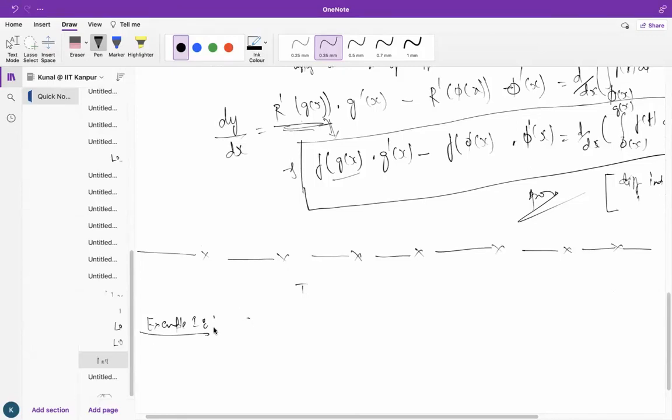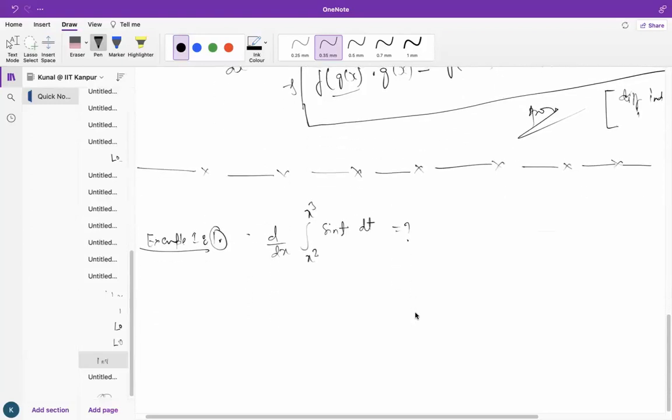It looks something like d by dx of the integral from x to x cube of sine of t dt, right? So we have to find its value. What I'm telling you is that you have to do nothing.